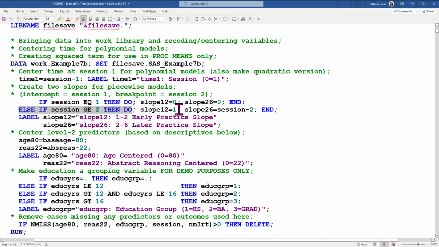So that creates the pattern of 0, 1, 1, 1, 1, 1, and then 0, 0, 1, 2, 3, 4 that we would see for the second slope. So we would call slope 1 the idea of initial practice or early practice. Slope 2 then maps onto the idea of subsequent practice in which response time does not improve as quickly as it did initially.